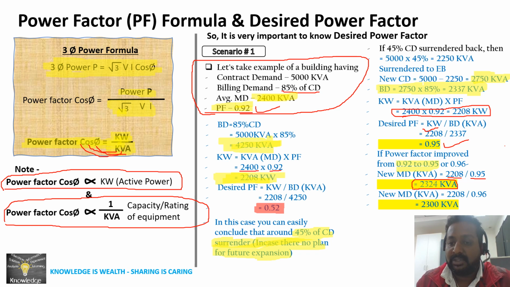Again you have around 37 kVA of buffer. So like this we can calculate the desired power factor of the building and operate at it. The kilowatt energy consumption will be optimized to a minimum level, and you will not cross your maximum demand above the billing demand.